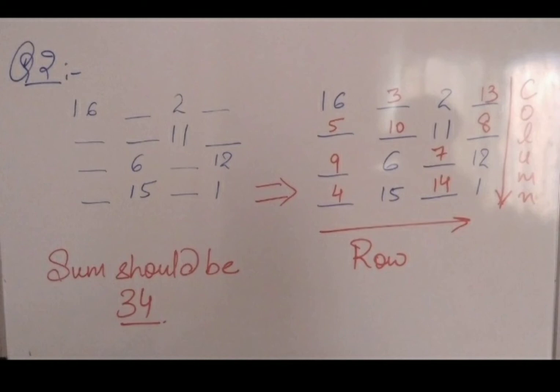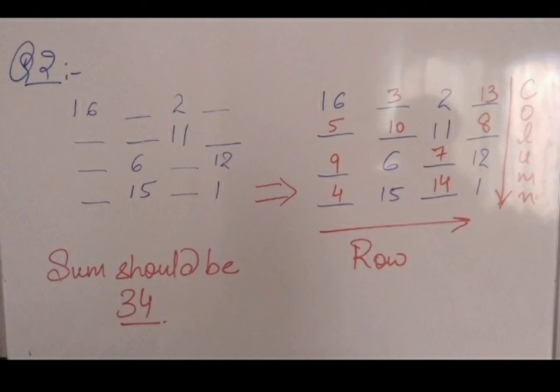Next we have this question. There's one sort of grid that is given, and here we have to fill in the blanks, in the columns and rows, in such a way that the sum of each row and sum of each column should be 34. That means the sum of all the digits in a row or all the digits in a column should be 34. I have shown the row and column in the answer part.